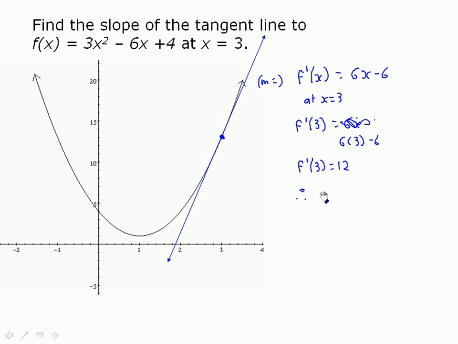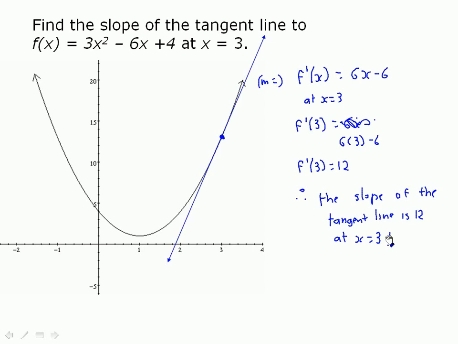So therefore, the slope of the tangent line is 12 at x is equal to 3. And you can tell by inspection it is quite steep.